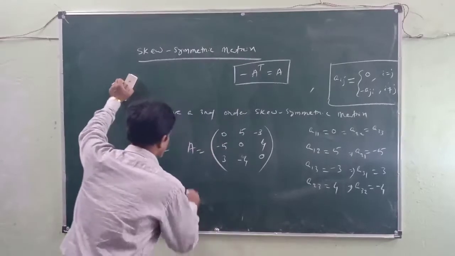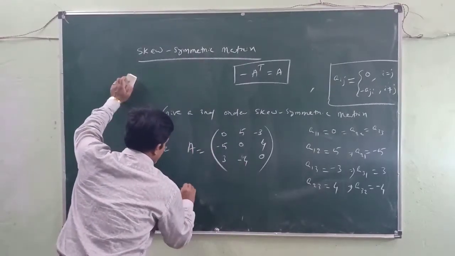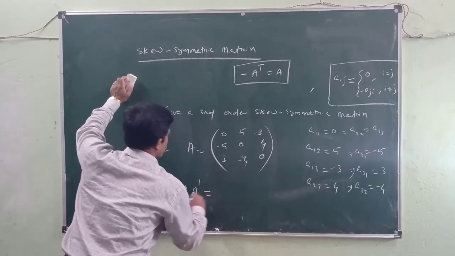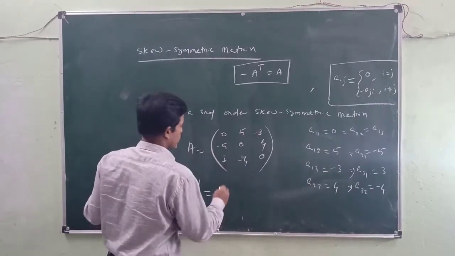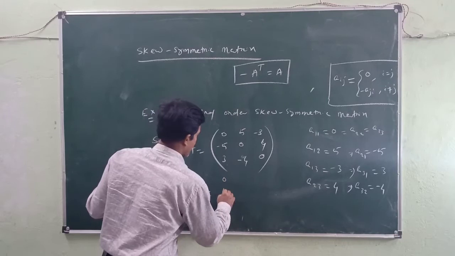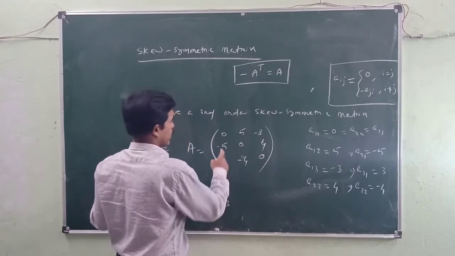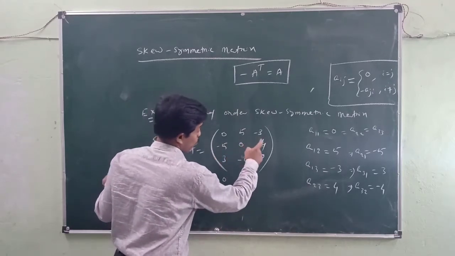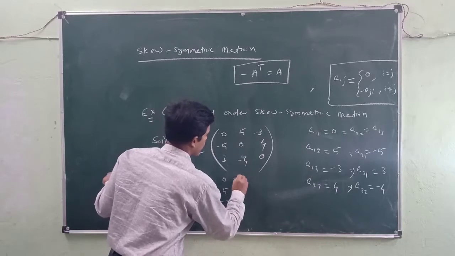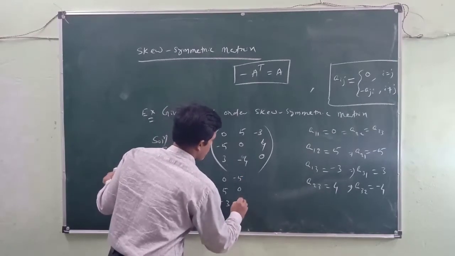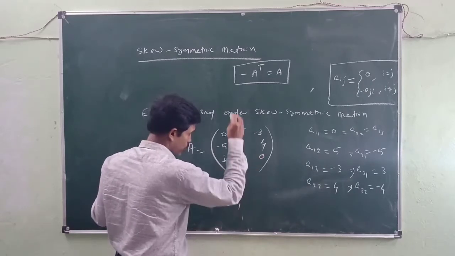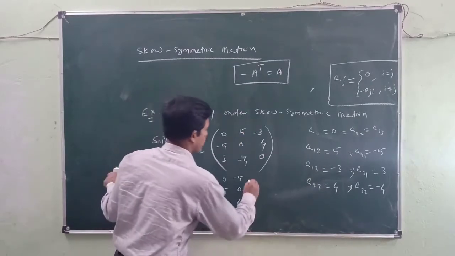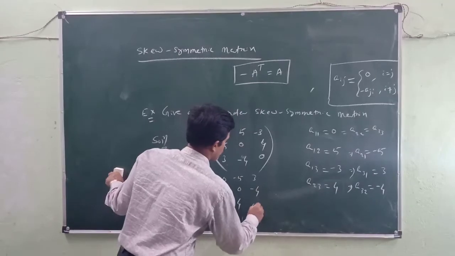Since A is this type, A transpose, what will its value be? In the first row it is 0, 5, minus 3, so write 0, 5, minus 3 as the first column. Then in the second row minus 5, 0, 4, so in the second column you write minus 5, 0, 4. And in the third row it is 3, minus 4, 0, so in the third column you write 3, minus 4, 0.